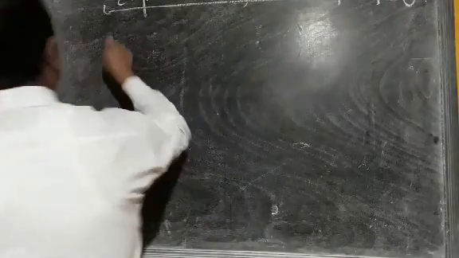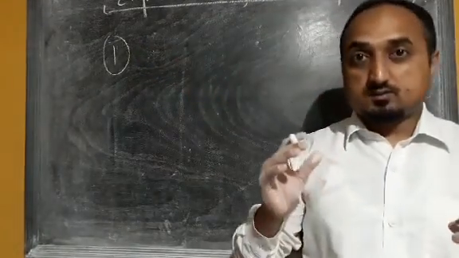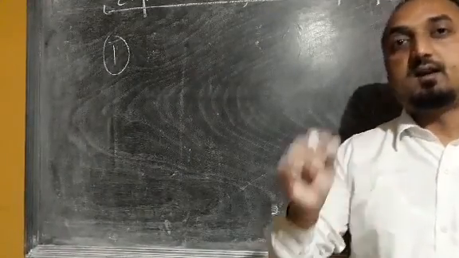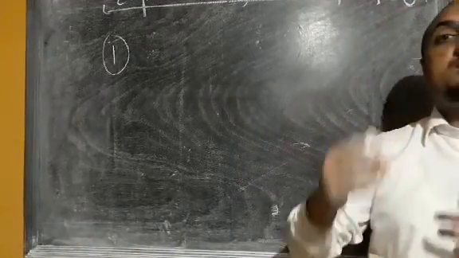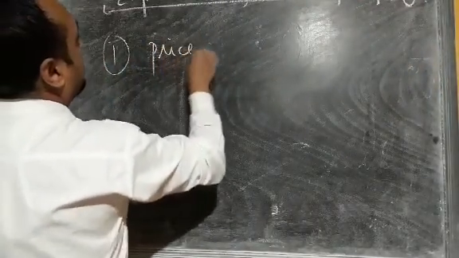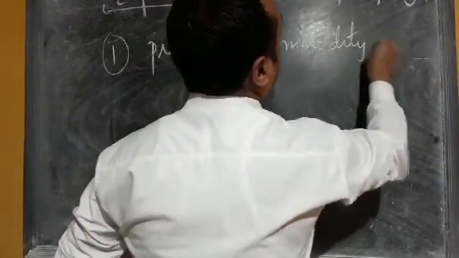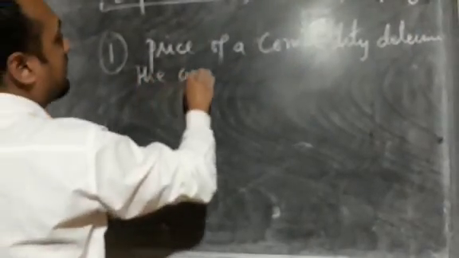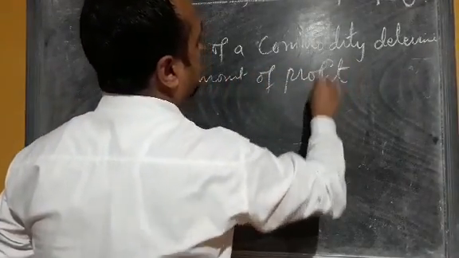The first important reason is that the higher the price, the higher the profit margin. If the price of a commodity is high, that means the profit margin will be more. So we can say that the price of a commodity determines the amount of profit.